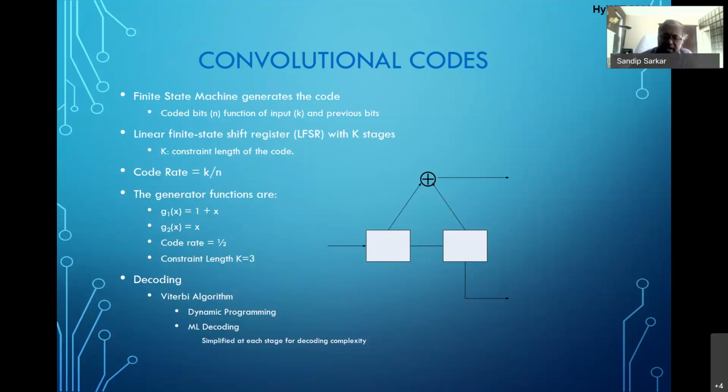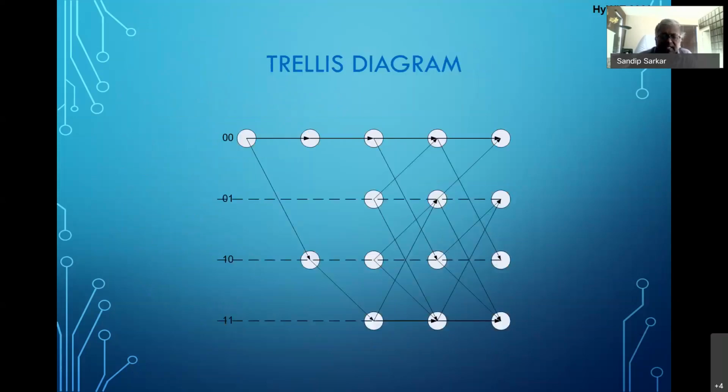The efficient way to decode all of this is through the Viterbi decoding algorithm, a dynamic programming algorithm that you are all familiar with. I'll not spend time on this, but if you start from the all zero state, there's only a couple of states you can go to, and so on. And that way you can form a whole trellis diagram and pick your optimal path through maximum likelihood decoding, which is a dynamic programming algorithm.